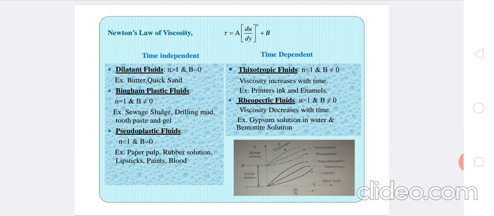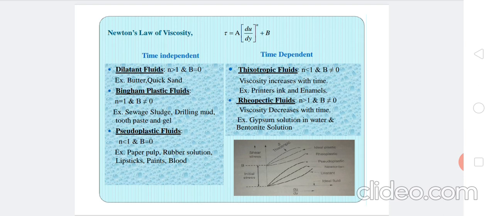The relation between shear stress and velocity gradient, that means tau and du/dy, where A and B are constants depending upon the type of fluid and condition of flow.